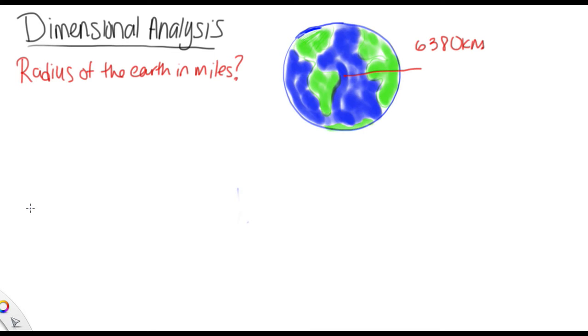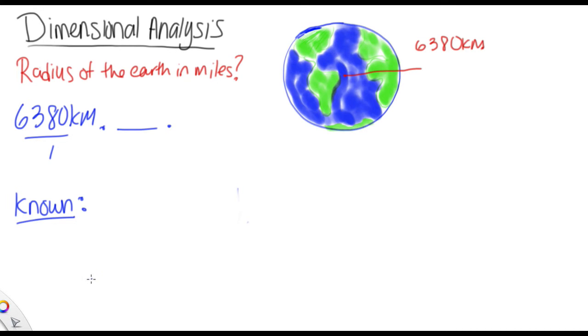Okay, so we'll have to use conversion from inches to centimeters, and then centimeters to meters, and meters to kilometers. We'll start with 6,380 kilometers. Now we want to cross out the kilometers. So what knowns do we have to get rid of kilometers?